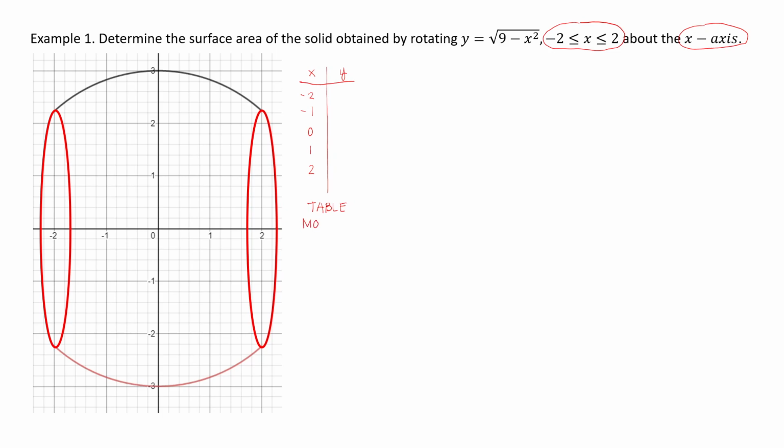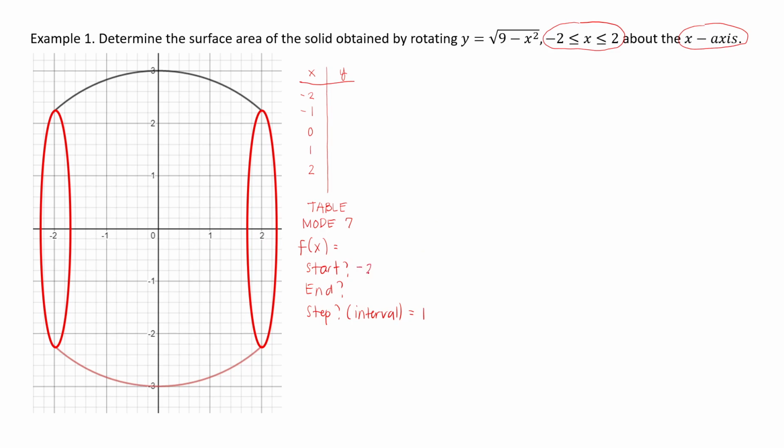I think it's mode 7, and then these are the steps. You enter f of x equal to a certain expression. And then you put the start, it asks for a start, it asks for an end, and then it asks for a step. The step would be the interval, so in this case, it's equal to 1.